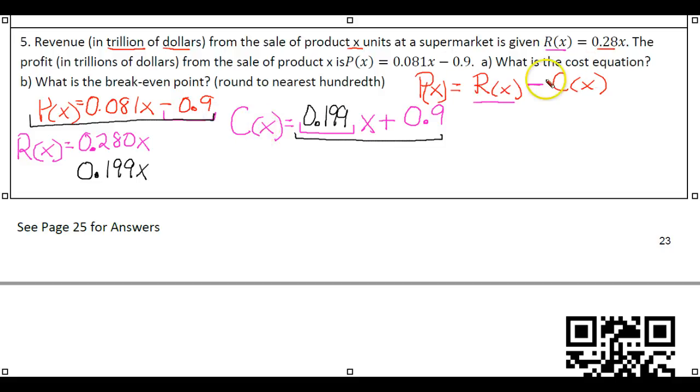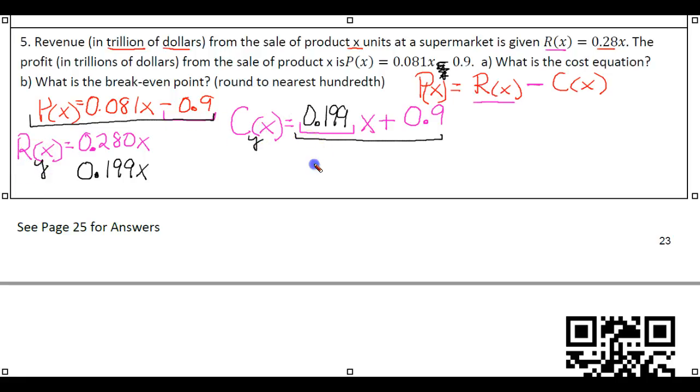But we want to know what the break-even point is. So this is a y, we said. No, not that one. This is the y here, and this is the y.